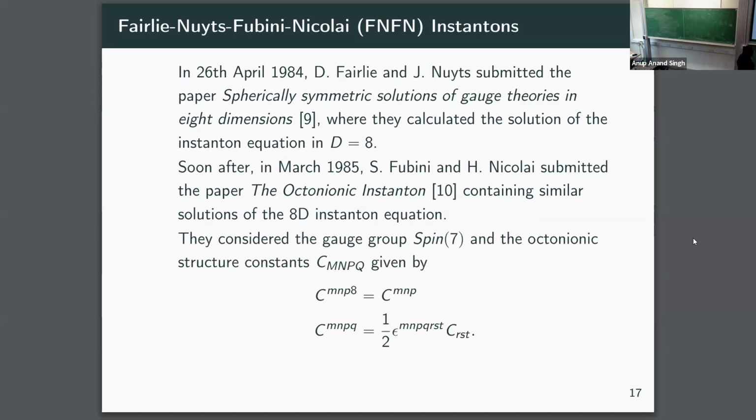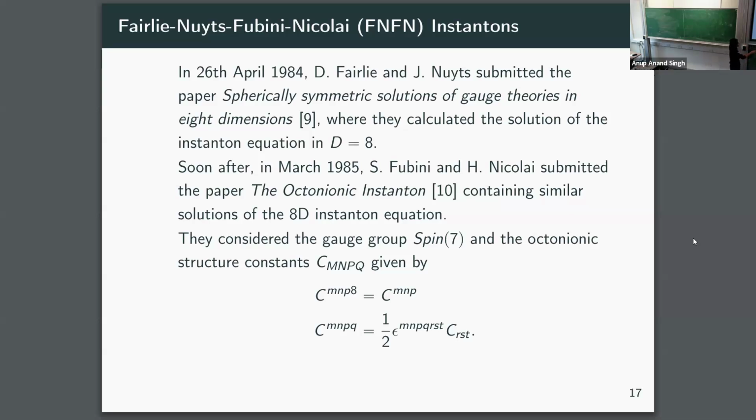So we'll start with the gauge group Spin(7), as we mentioned, the best choice for us, and the structure constant C_MNPQ, which I wrote as T mu nu alpha beta. So here I wrote it like this, C_MNPQ, and they are the octonionic structure constants, which are defined this way.